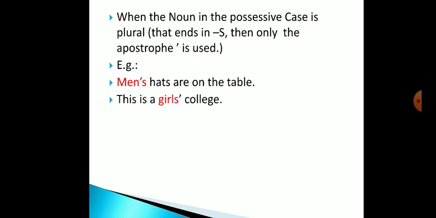This is a girls' college. Here we are not talking about only one girl's college. There are too many girls in the college, around you can say 100. The word girls ends with s, so we are writing only an apostrophe.